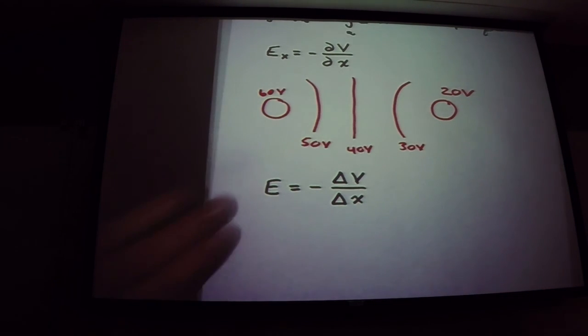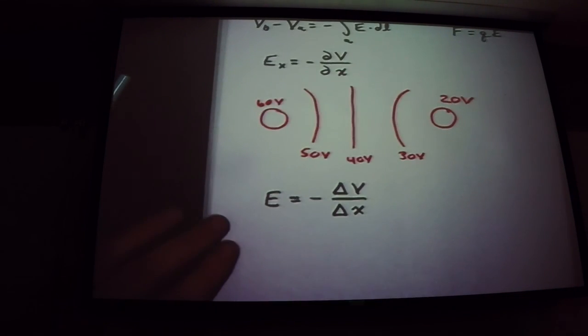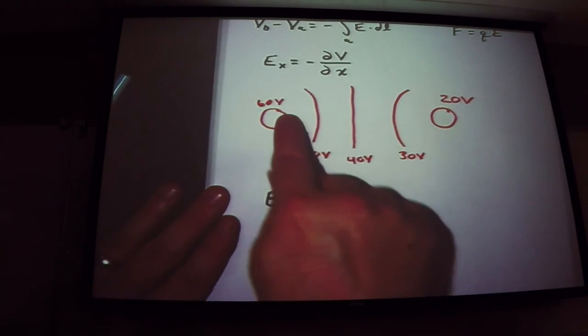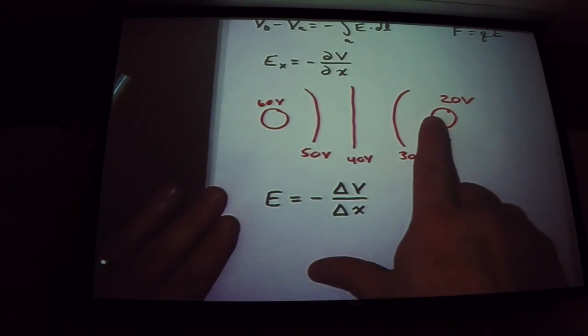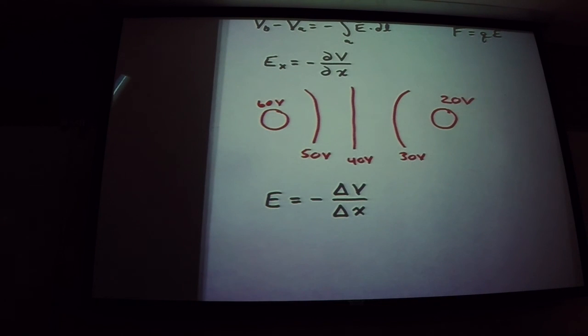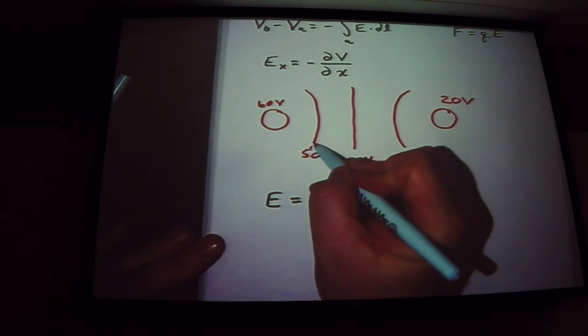So one thing I get from this is that right in the center here, the electric field is going to be larger than out to the sides. If I extend these lines out to the sides, notice that this line is going to go like this.